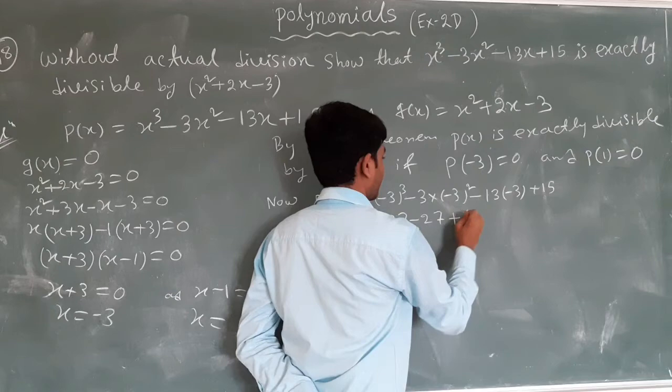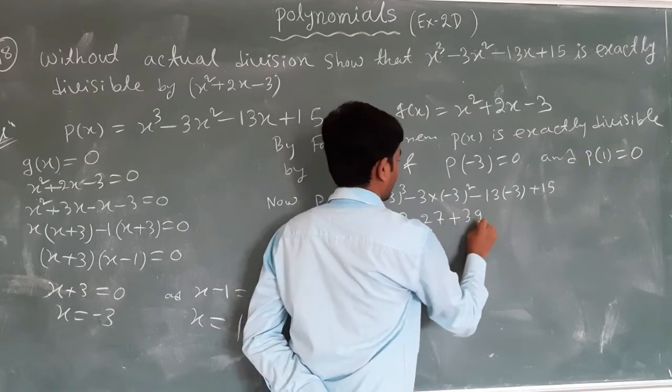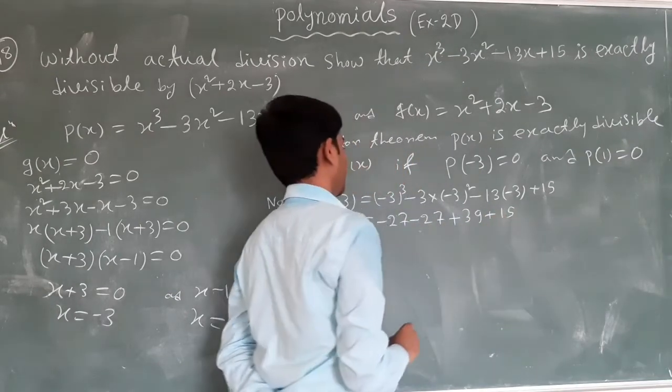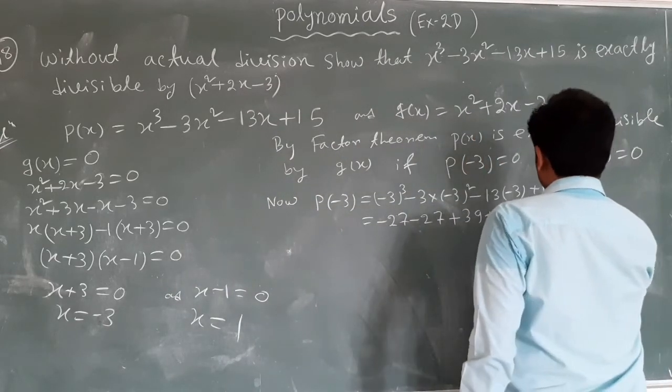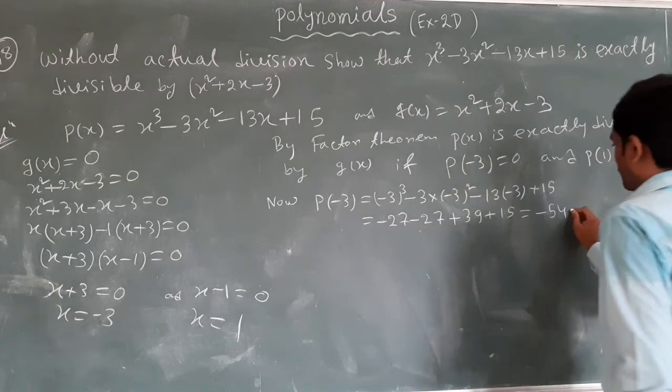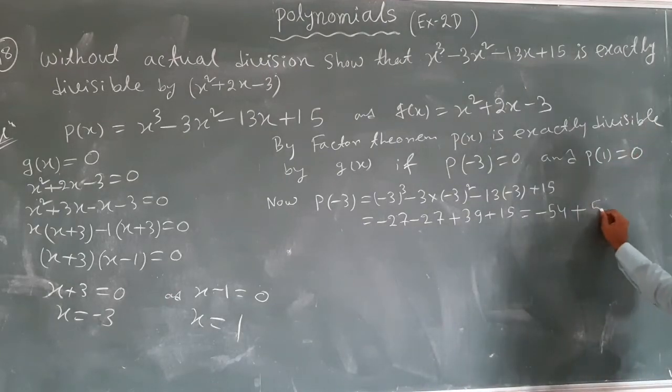Minus minus plus 13, 39 is equal to minus 54 plus 54 is equal to 0.